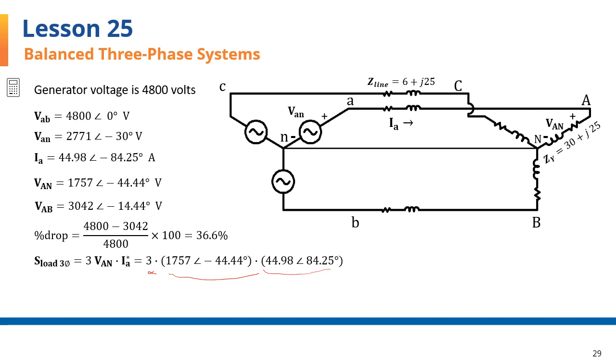IA is given over here. Its angle is negative 84.25. To convert IA to its conjugate, we simply reverse the sign of its phase angle, from negative to positive. Carry out the multiplication, and the three-phase complex power for the load comes to this value in rectangular coordinates.